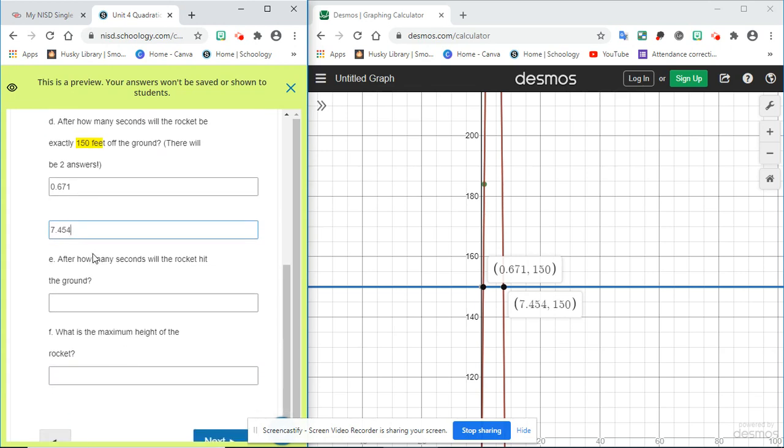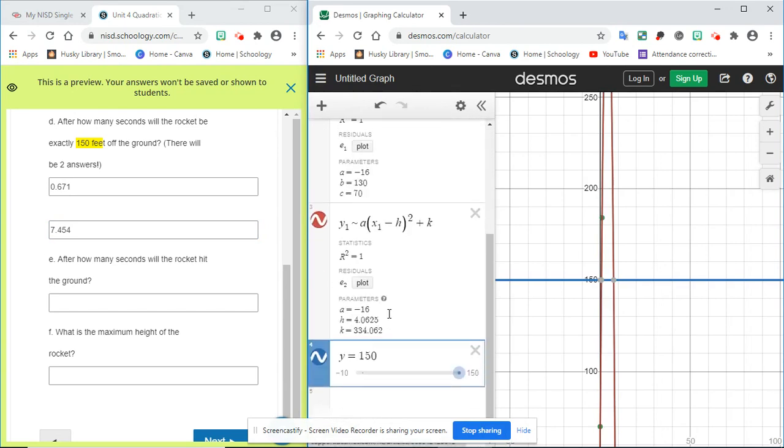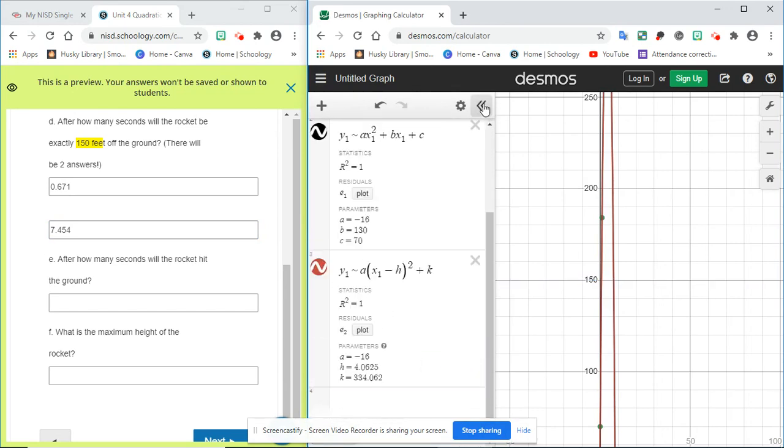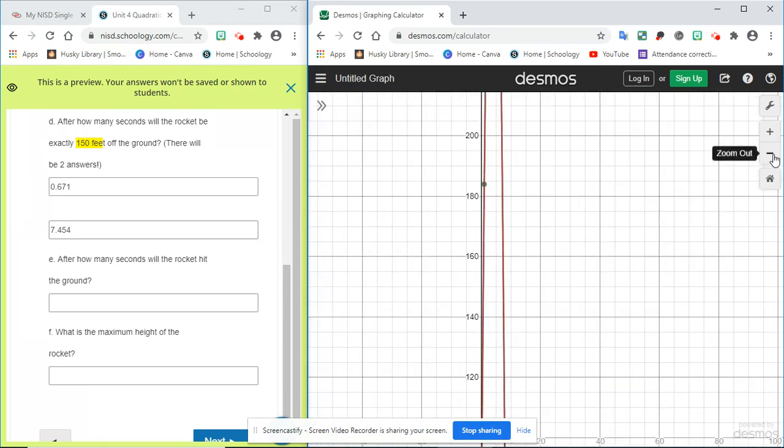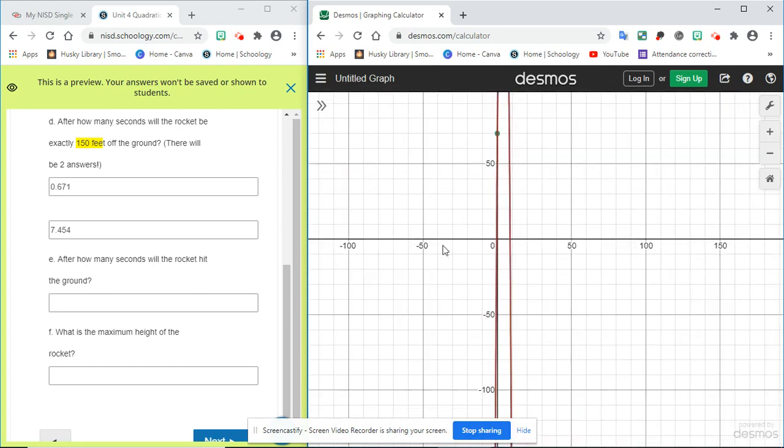The next one is, after how many seconds will the rocket hit the ground? For this one, I don't really have to put in an equation. The ground is considered the x-axis because we're never going to go below the ground. So the x-axis is where it's 0. The x-axis is at here and here. Those are my two x-intercepts.